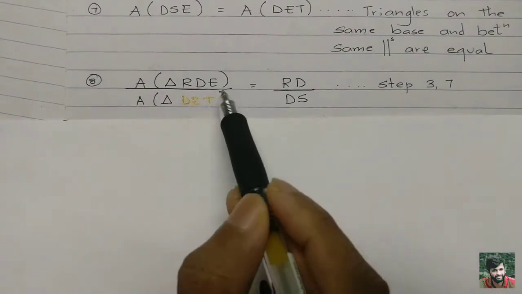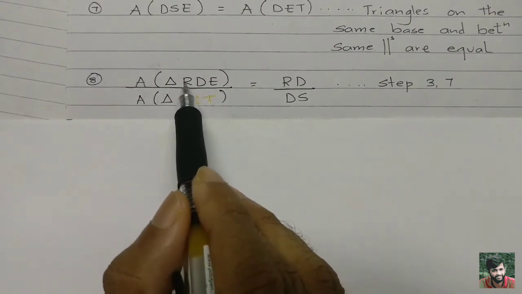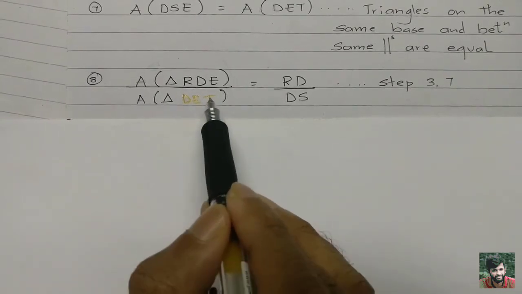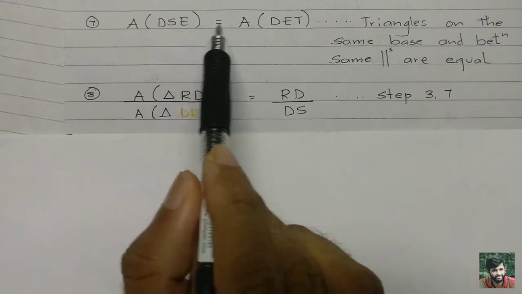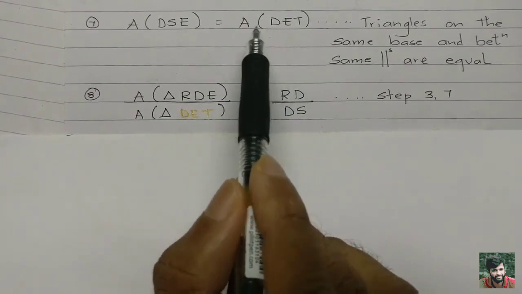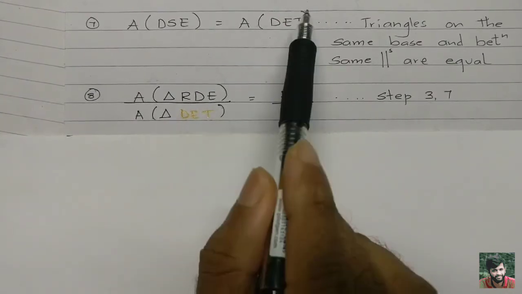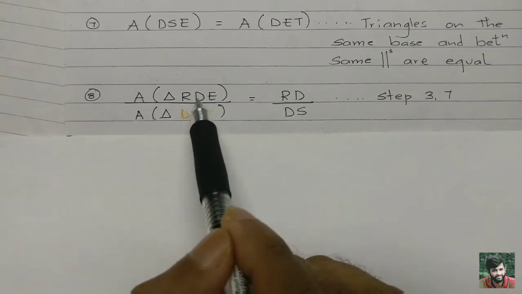In the first step, it was area of triangle RDE upon area of triangle DSE. Now since I have said area of triangle DSE and DET is equal, all I'm doing is replacing my triangle DSE with DET.